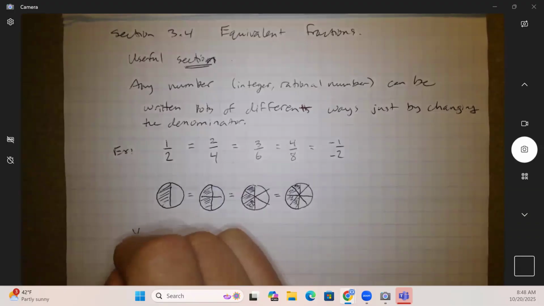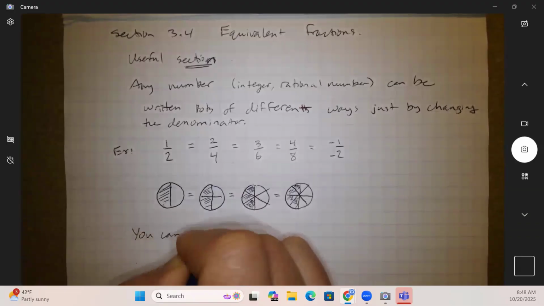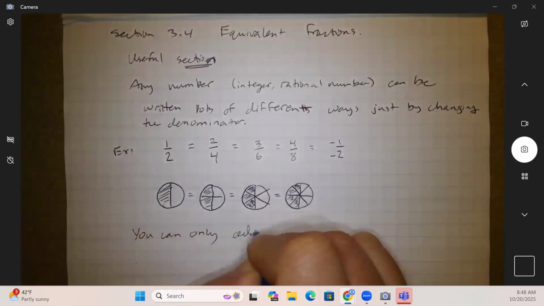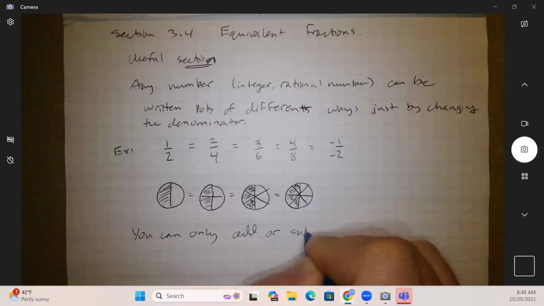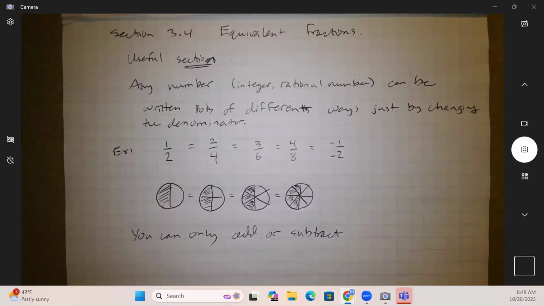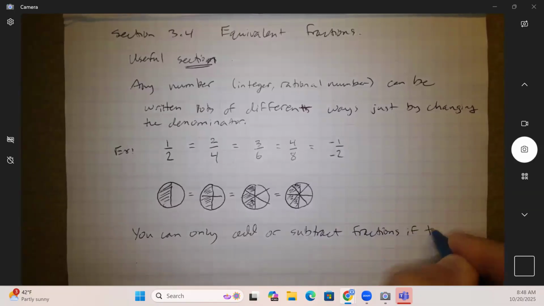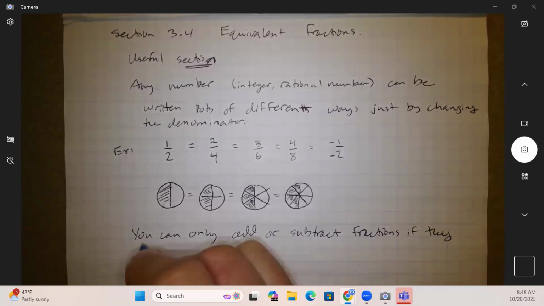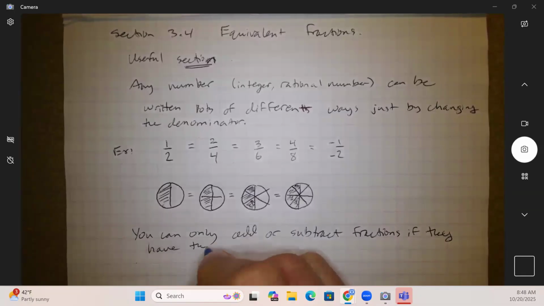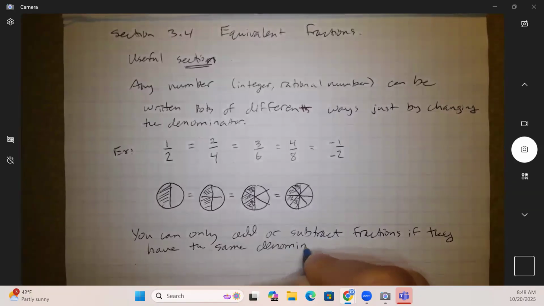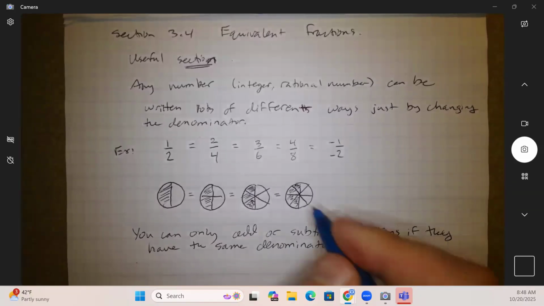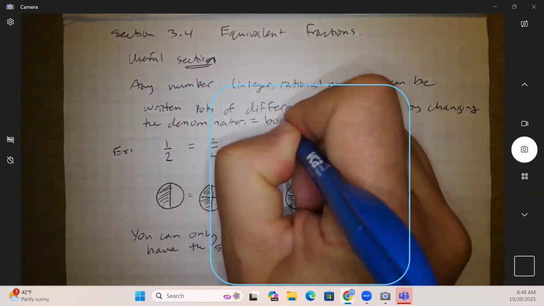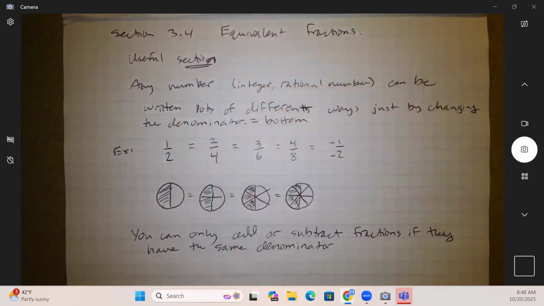In particular, you can only add or subtract fractions if they have the same denominator. Denominator, by the way, means bottom. They have the same bottom of the fraction.